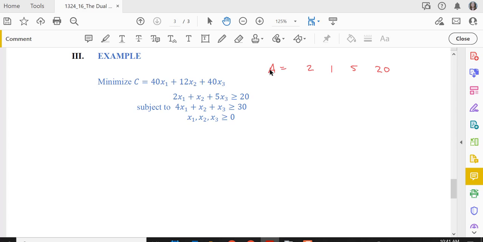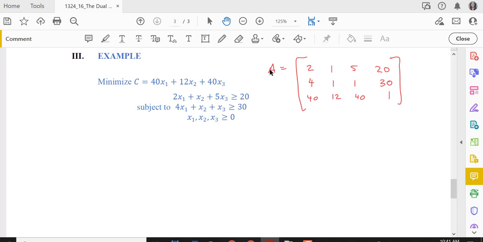The second row will be 4, 1, 1, 30. And your last row comes from the objective function, 40, 12, 40, and 1. That is matrix A.